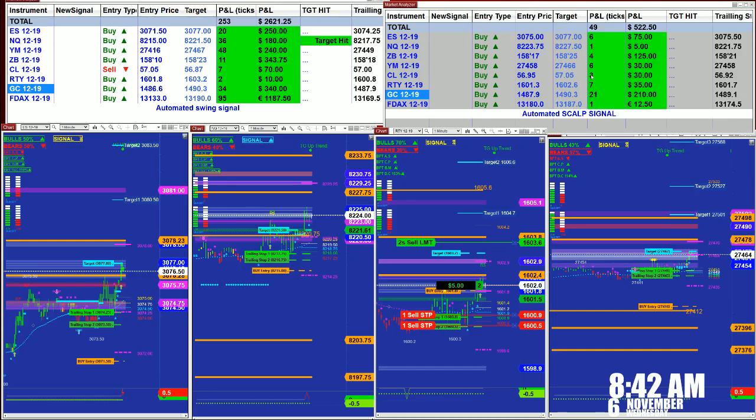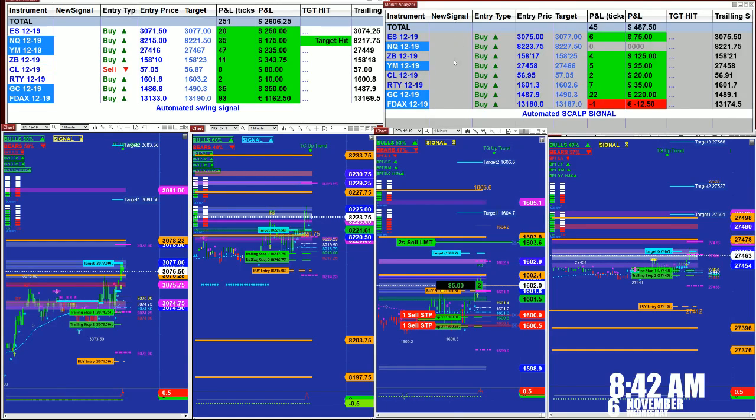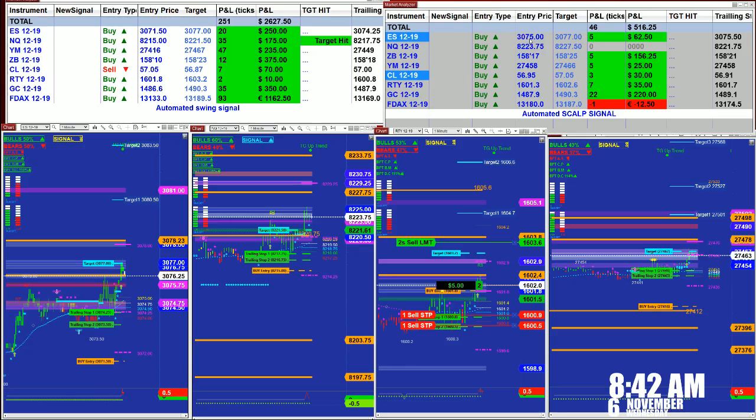The same story here is the scalper, and you will have the signal in the first column. As an example, we have a buy entry at 3075 on the ES, target 77. We are 5-6 ticks into the last entry signal, and on the scalper we have 44 ticks of profit based on the scalping.